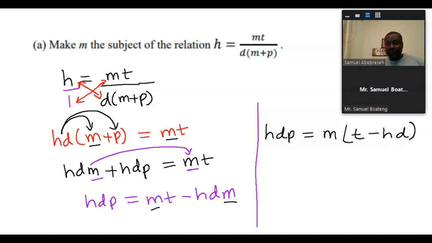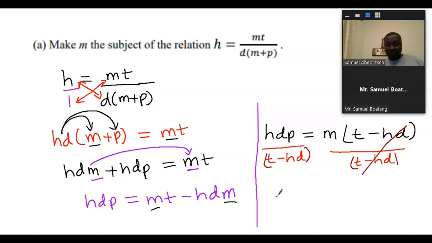So what we can do is to divide both sides by t minus hd. Put this one in bracket, the denominator, so that you can easily cancel them. Good. So we can cancel the brackets.